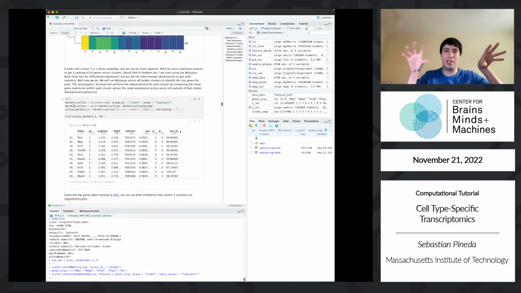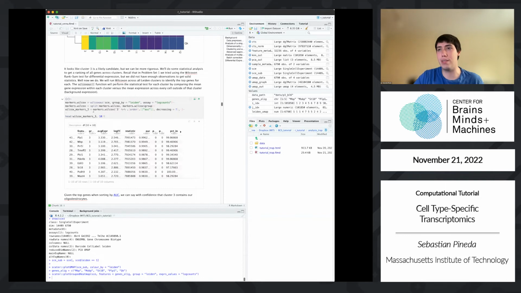Tell me what genes are specific to each cluster. Which genes are differentially expressed between clusters, or rather, in this case, what's enriched in cluster 3 versus everything else. This is the naive, but also very reliable way of identifying marker genes.